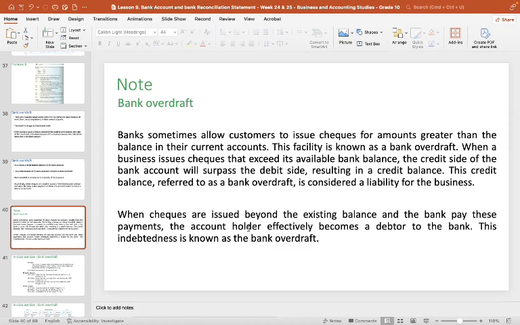This credit balance, referred to as bank overdraft, is considered a liability of the business. When checks are issued beyond the existing balance and the bank pays these payments, the account holder effectively becomes a debtor to the bank. This indebtedness is known as the bank overdraft.